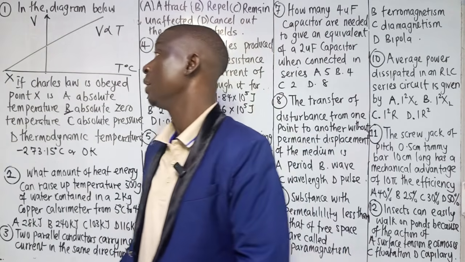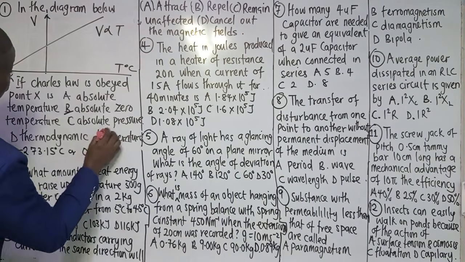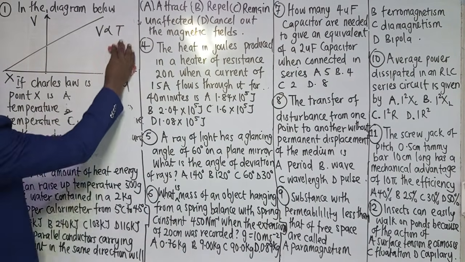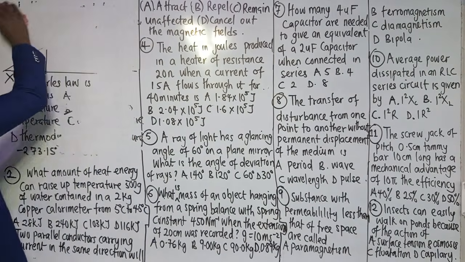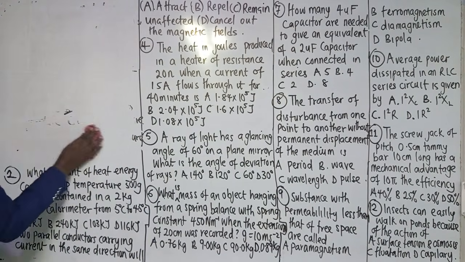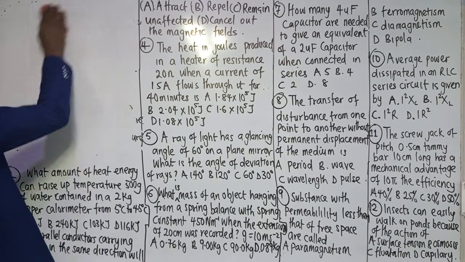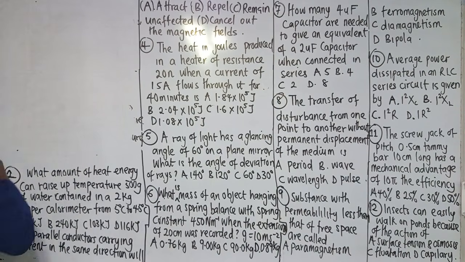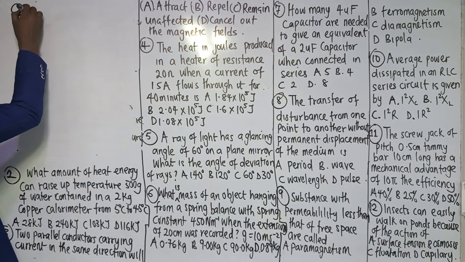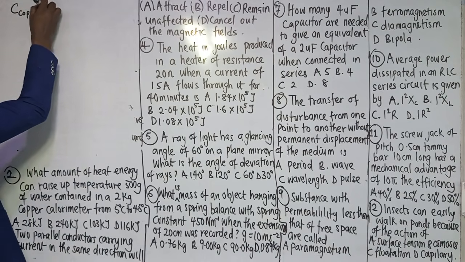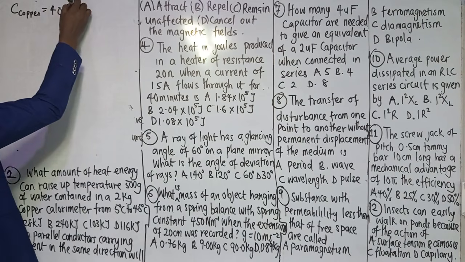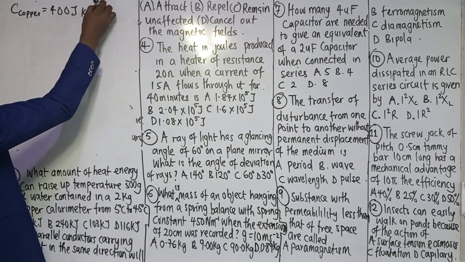That means the container. Now they must give us the specific heat capacity of copper. So take the specific heat capacity of copper as 400 joules per kilogram per Kelvin.